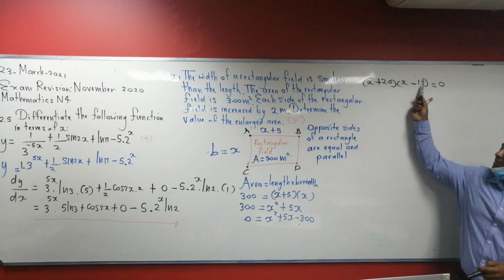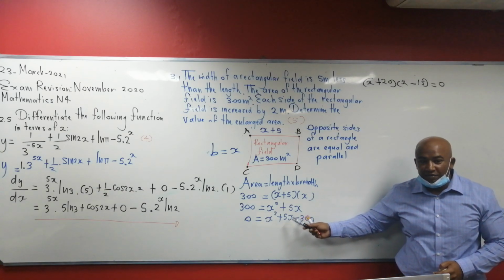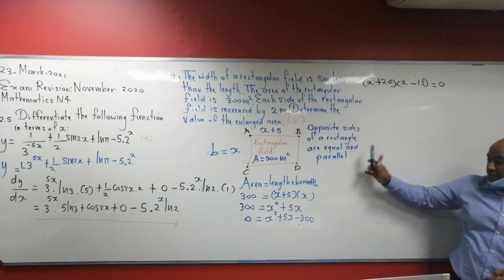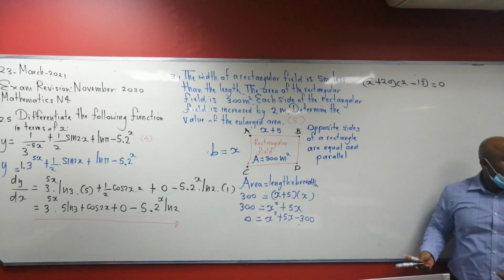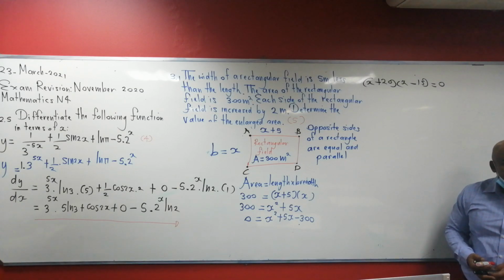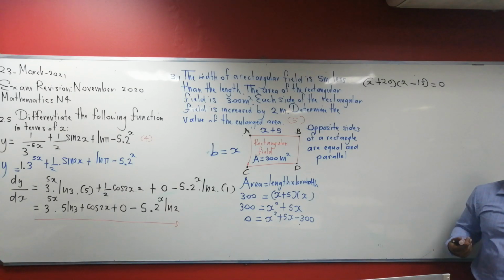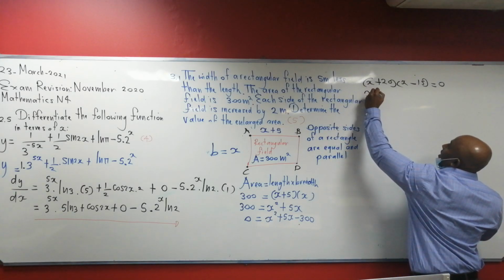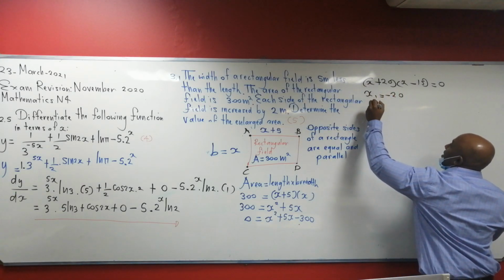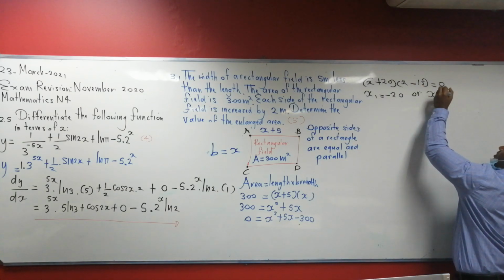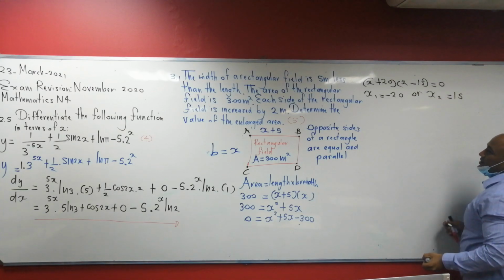Because 20 minus 15 will give you 5, and a positive 20 times a negative 15, a positive times a negative, will be a negative. 20 times 15 will be 300. So that is factorization. If you wanted to use a formula, it was up to you. So x1 is equal to minus 20, or the second x value, x2, is equal to 15.